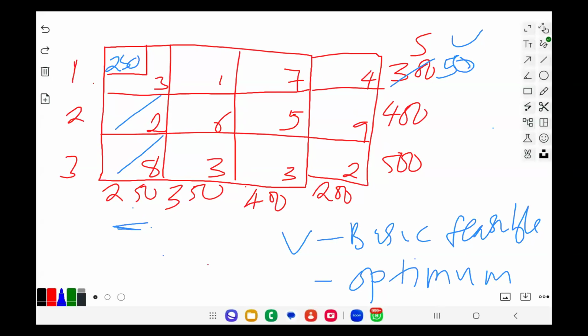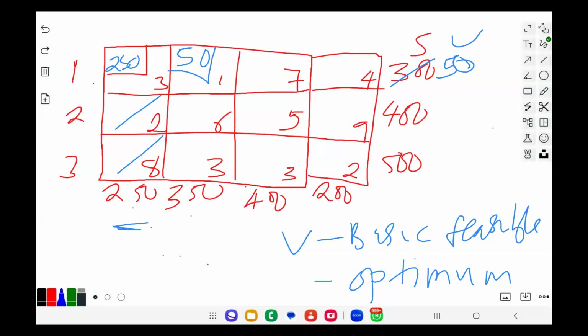Okay, so that's that, and we are done with this column. Then the next northwest corner is this one. We need to put the minimum between this 350, the demand, and 50. We know that 50 is the minimum, so we put 50.